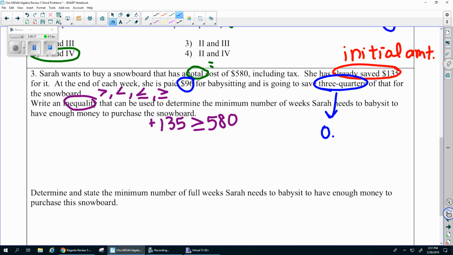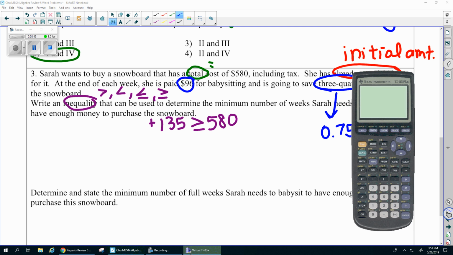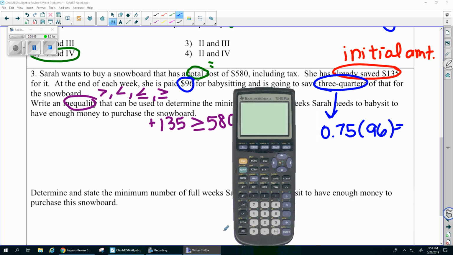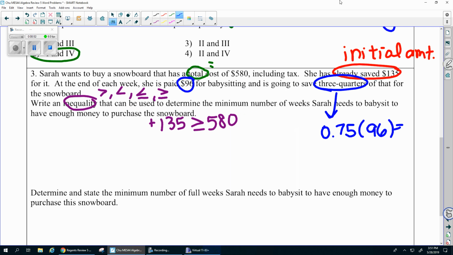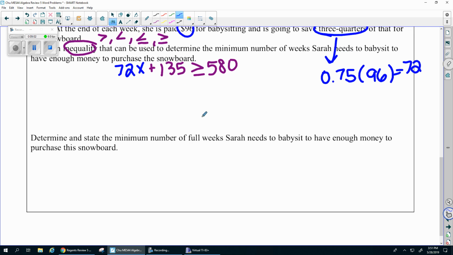Oh, sorry, 0.75 times 96, and I get that she's going to be saving $72 every week. And that's the key word, every, okay? 72x plus 135 has to be greater than or equal to 580.